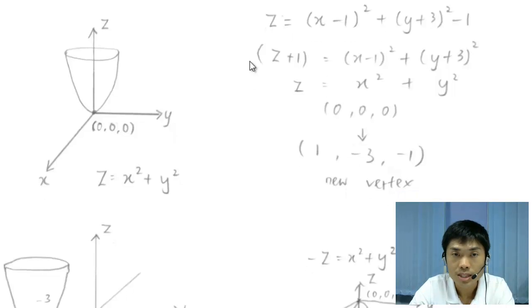It's pretty straightforward. You just need to set the z, x, and y terms equal to 0, and you'll get the new position. So for x minus 1 equals 0, x is 1; y plus 3 equals 0, so y is negative 3; and z plus 1 equals 0, so z is negative 1. This coordinate is the new vertex of the elliptic paraboloid.